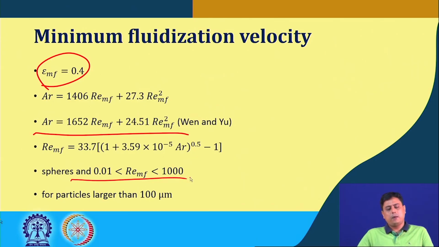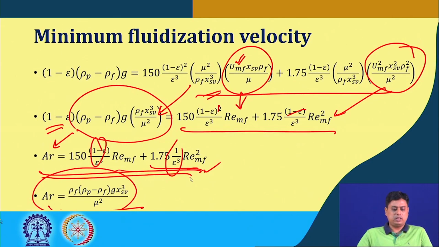So, which means once we have found the relation between this Archimedes number and the Reynolds number at the minimum fluidization velocity, based on this, all other parameters here will be known to you, because you are handling the fluid, you have chosen that fluid, the particles are also known, the mean size, and these parameters are also known except the UMF.